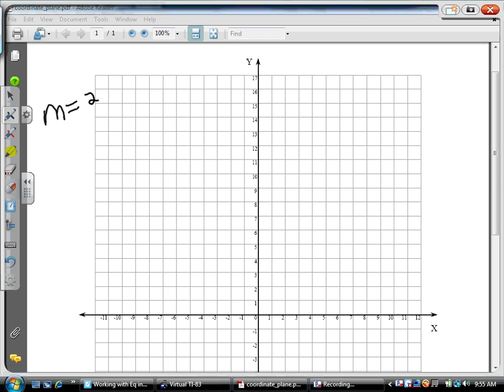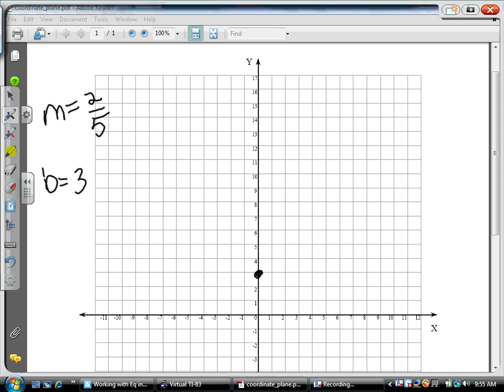Slope is 2/5 and our b, the y-intercept, is 3. We start off by putting the y-intercept right on the y-axis at positive 3, right about there.